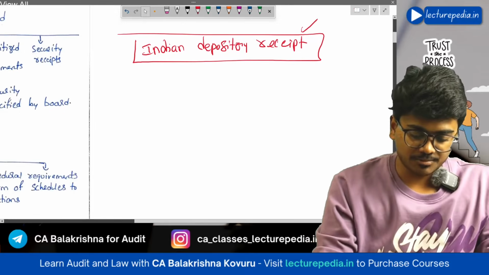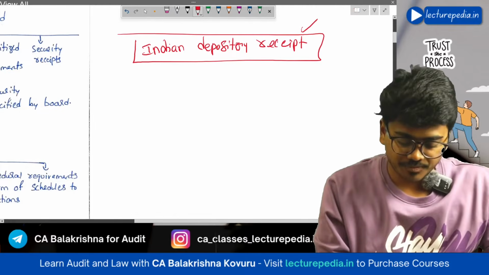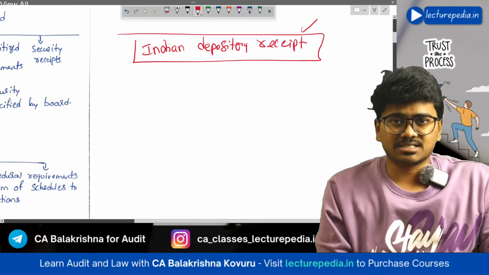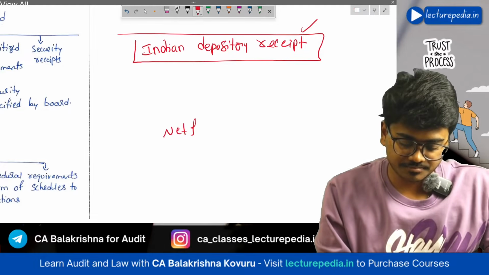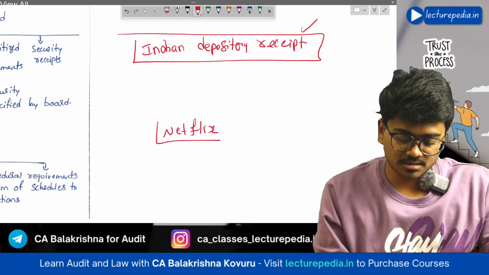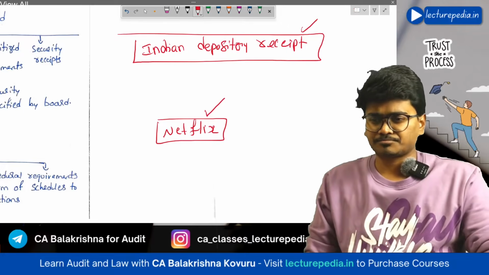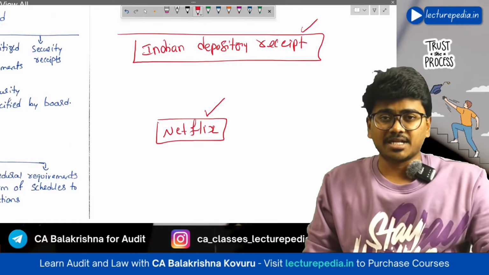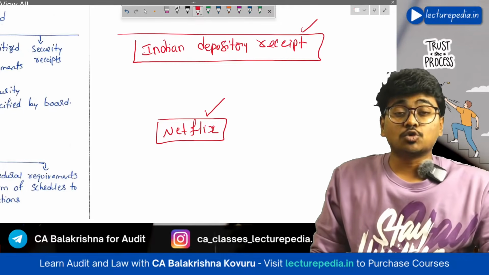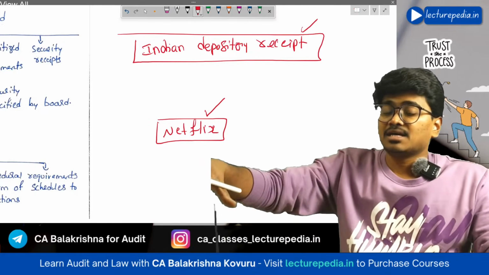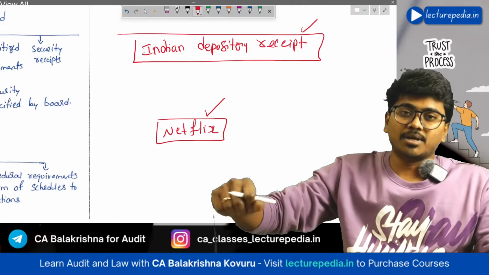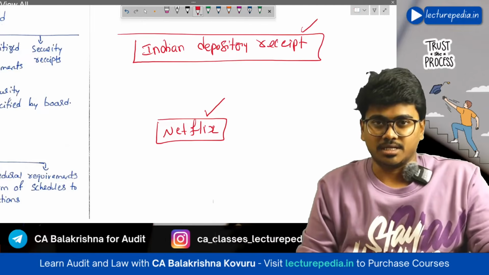Let's say, for example, there is a USA based company, let's say Netflix. Okay, Netflix is a US based company. Now, this company wanted to raise money from the Indian public or from the Indian stock market.